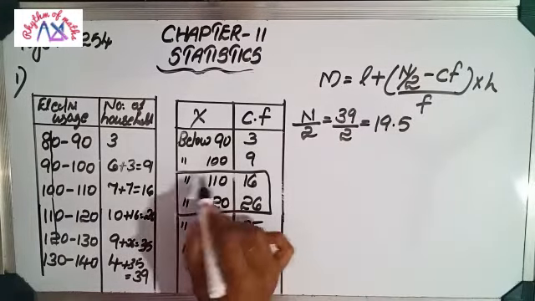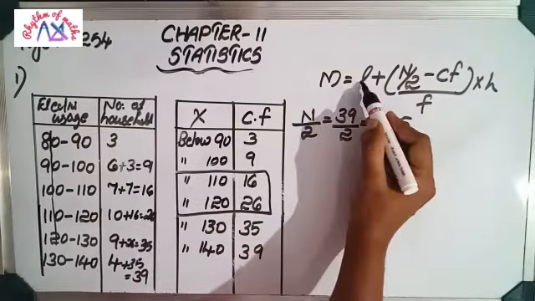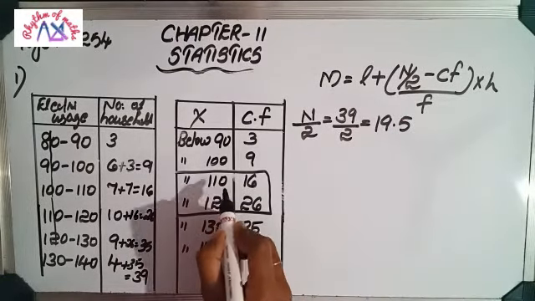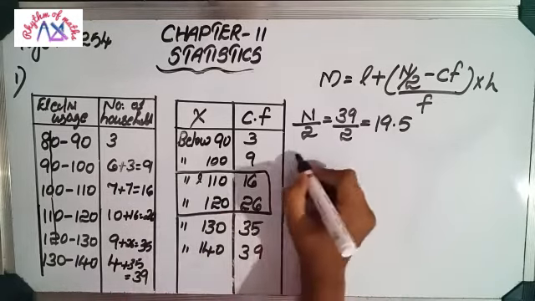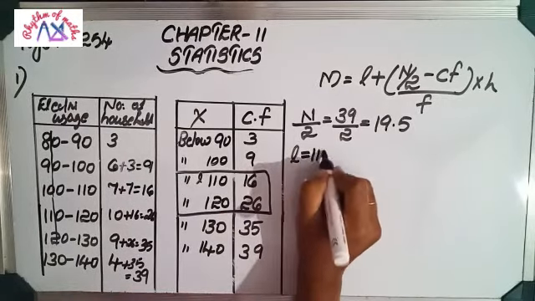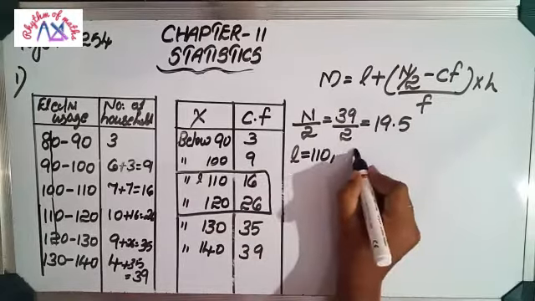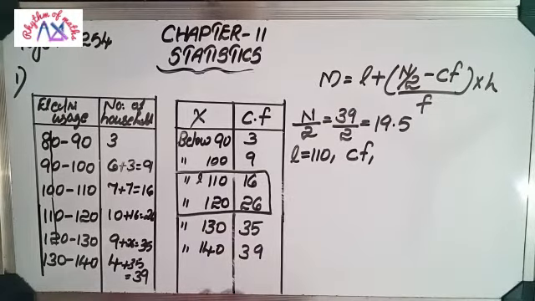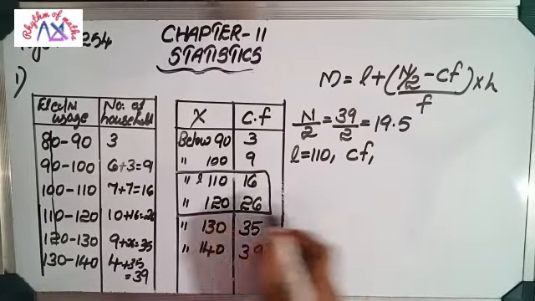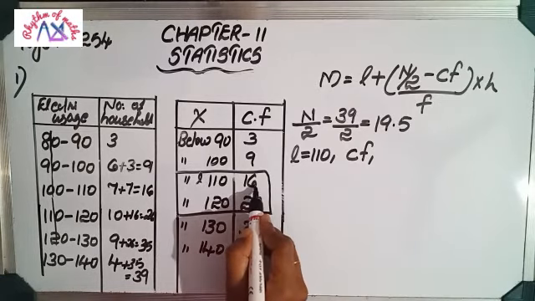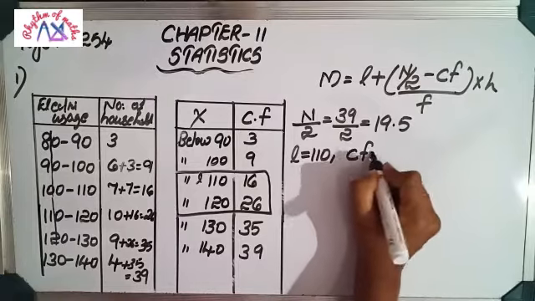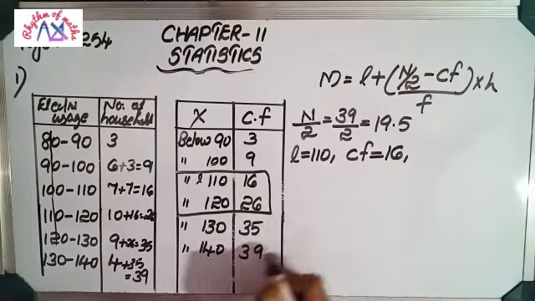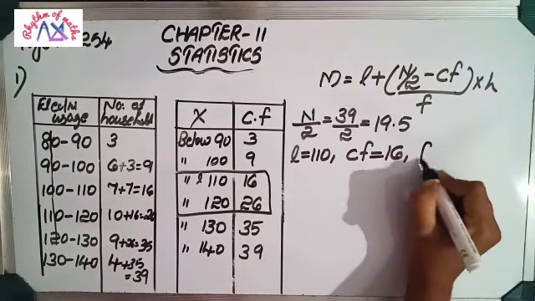That is, here in this value, L is lower limit, means first number, that is 110. This is the L value. So L equal to 110. Next is CF we need, cumulative frequency. So here cumulative frequency means that 110's cumulative frequency is what? 16. So CF equal to 16. The next is frequency.